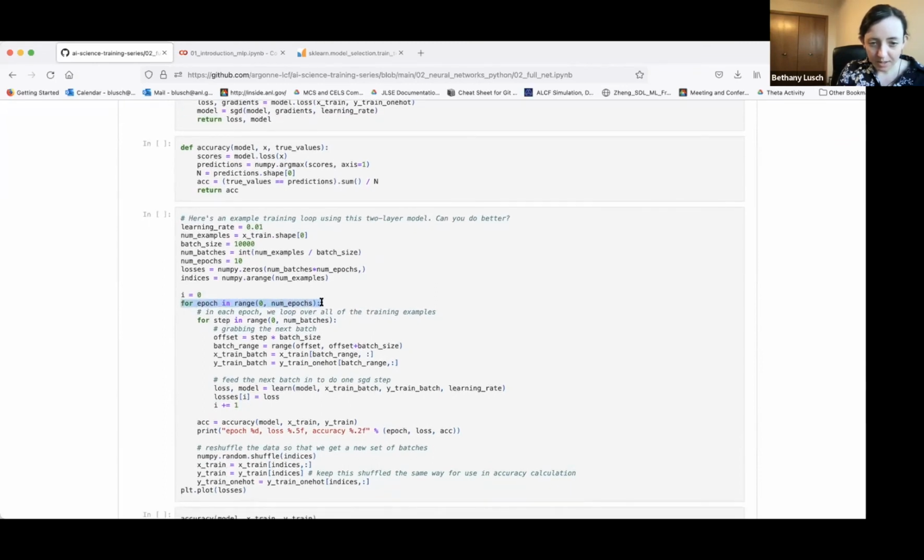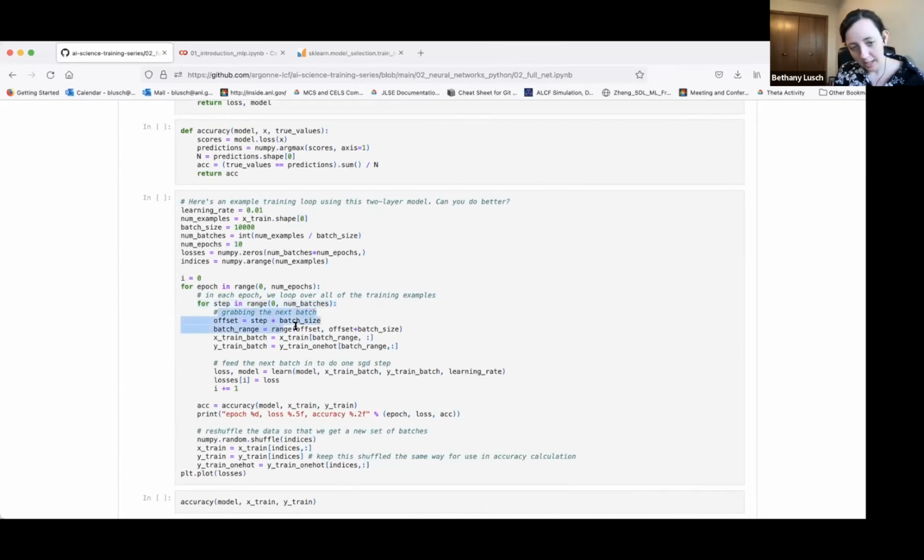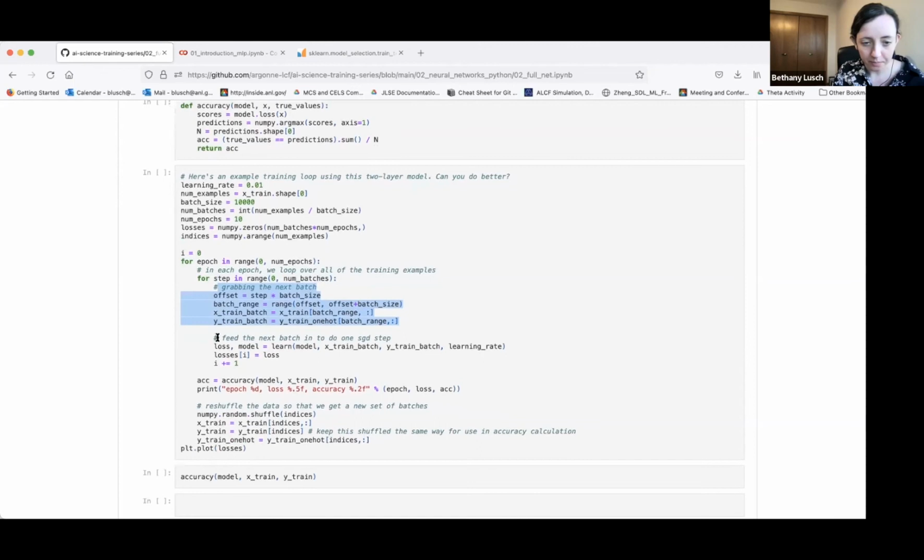I'm not sure if we talked about the terminology of epochs, but in machine learning training, in each epoch, we're looping over all of the training examples. So you can choose how many epochs to go. Here I started with 10. Within each epoch, we're looping over all the batches. This is a way to loop over all the batches. You'll learn later better ways to do this with TensorFlow. Here's one step of stochastic gradient descent with that batch.